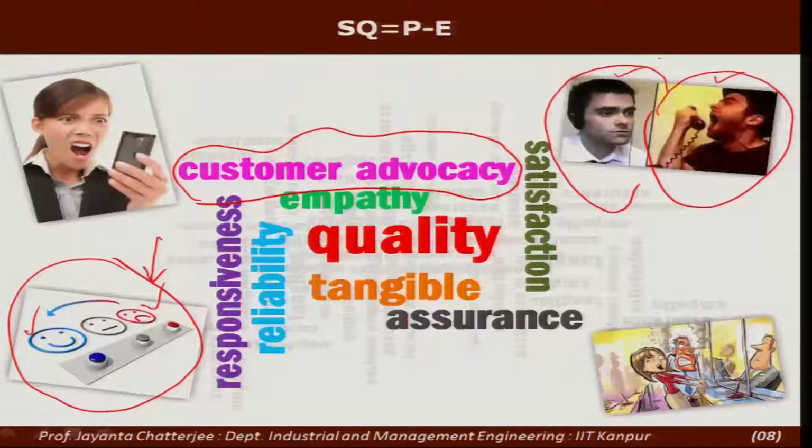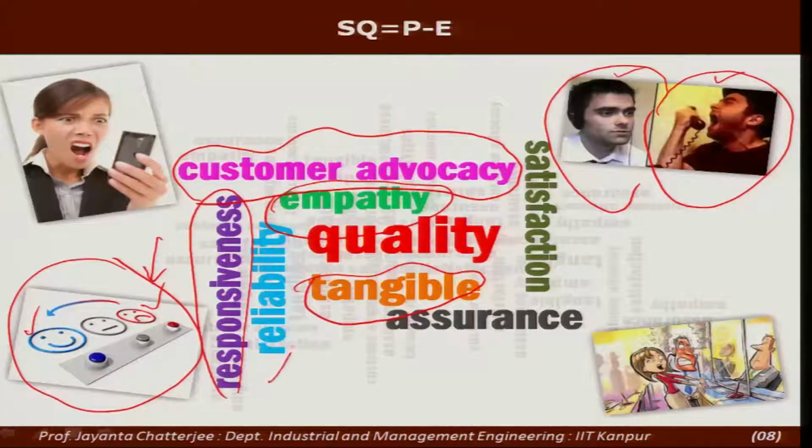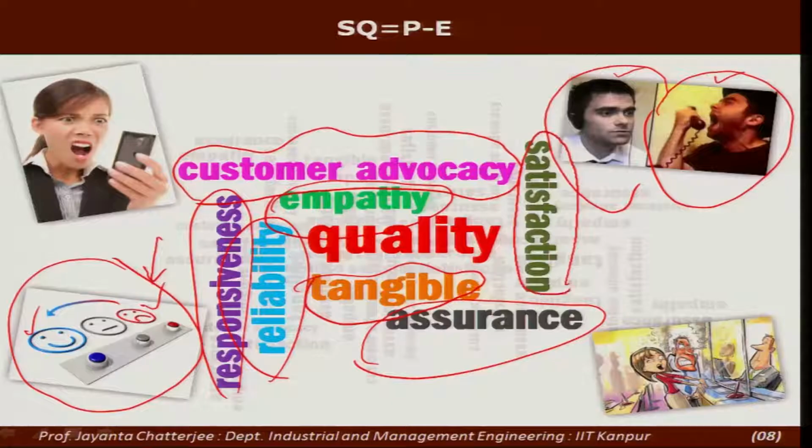So, as we discussed yesterday, we have these qualities, these processes, these classes of actions: tangibles, empathy, responsiveness, reliability, and assurance, which will take us to customer satisfaction and which will lead us to customer advocacy.